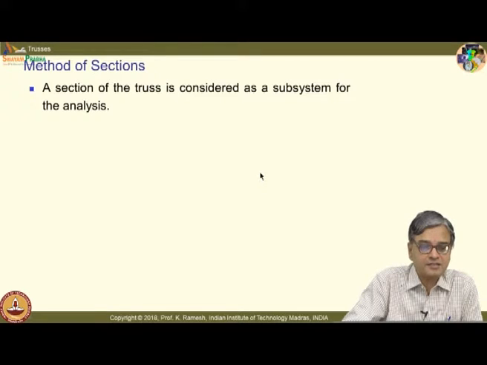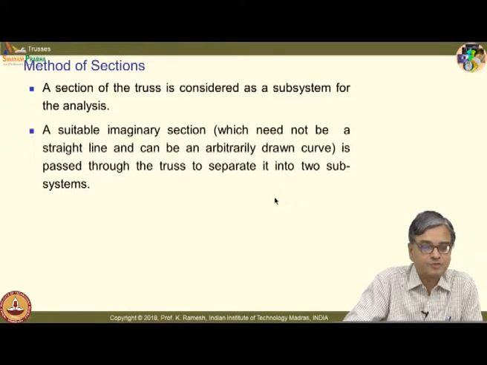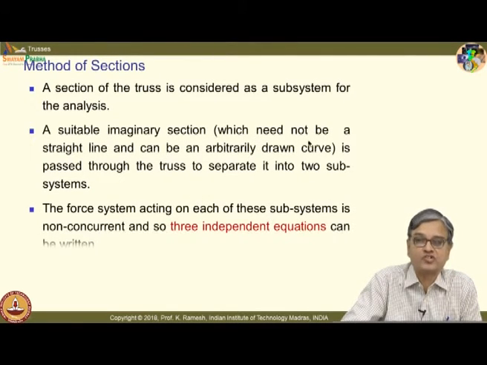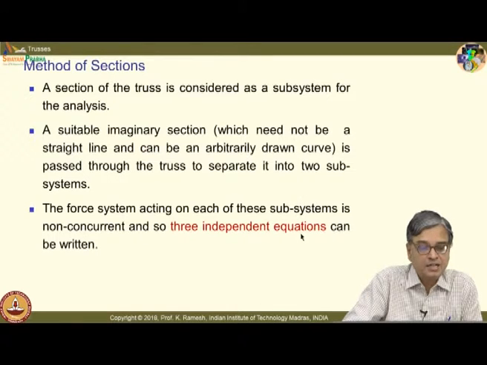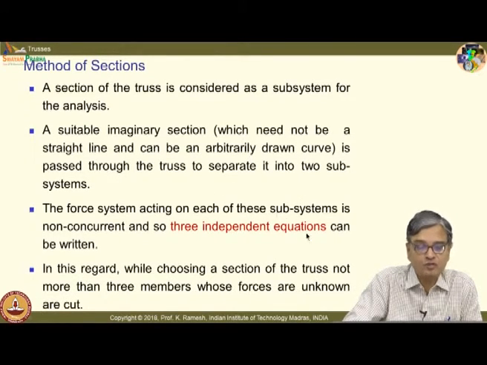And this just summarizes what we have done in method of sections. So, we take a suitable imaginary section which need not be a straight line, and the force system acting on this is non-concurrent. So, I can use 3 independent equations.